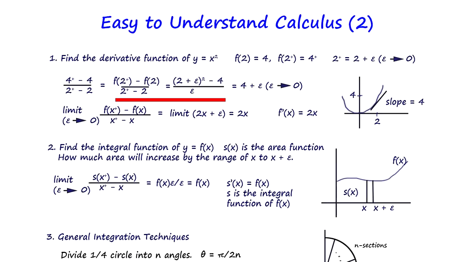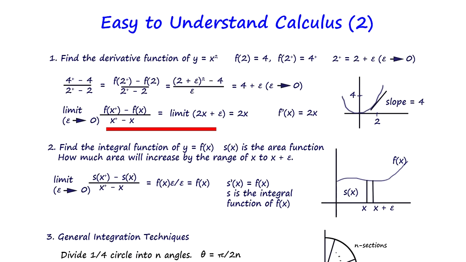Now when we take a limit, we just make epsilon 0. We calculate this function x squared, so (2 plus epsilon) squared minus 4. The bottom here is epsilon only, so the result is 4 plus epsilon. Epsilon can go to 0.